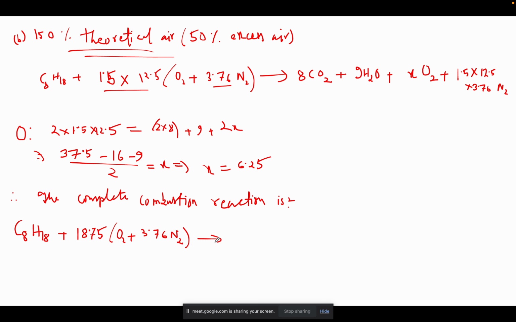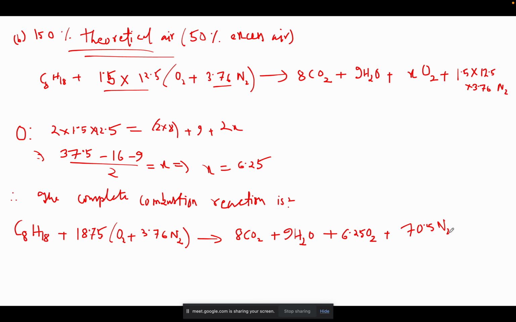Okay, then this is 8 CO2, then this is 9 H2O, then this is 6.25 O2, and then 70.5 N2.